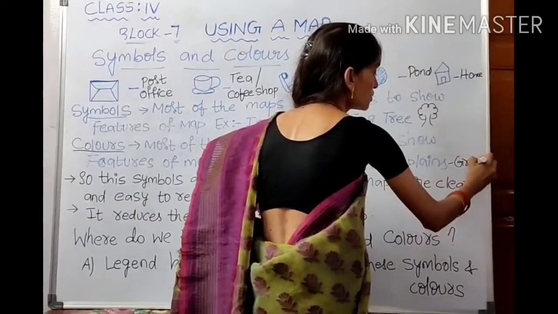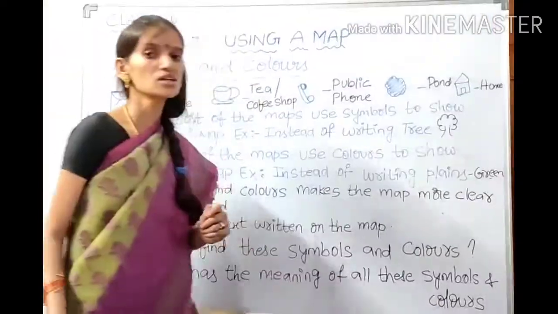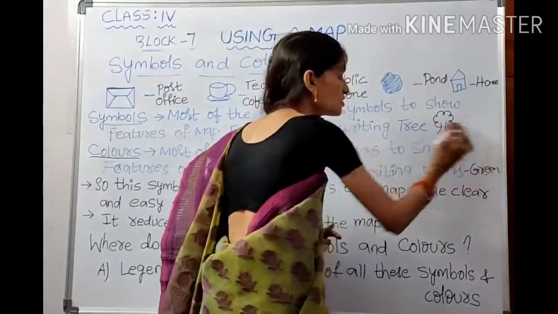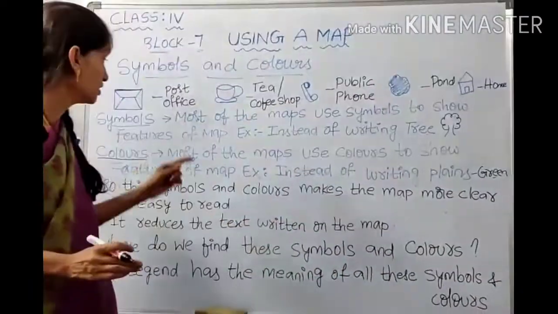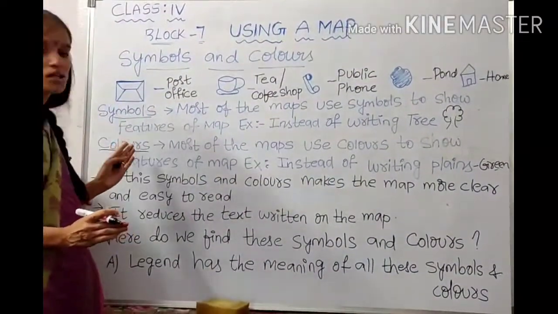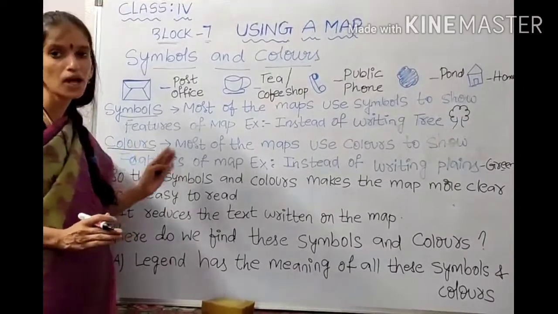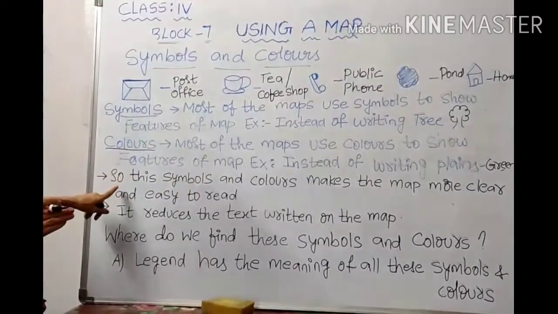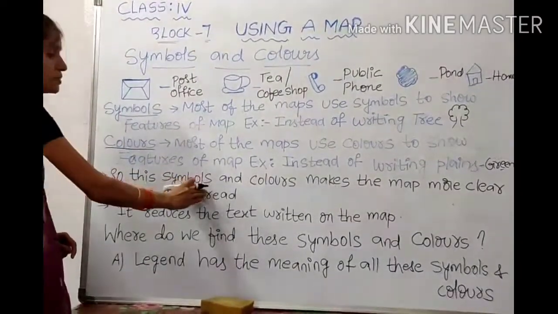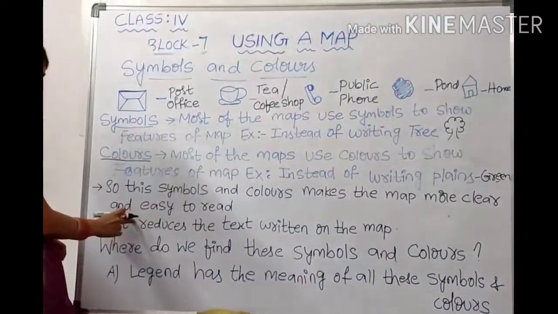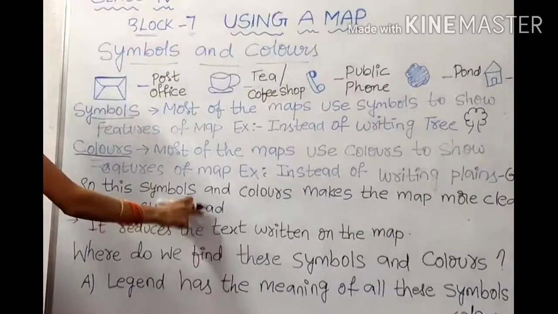So if I have written the green color, it represents the plains. Instead of plains, there will be the green color. So like that, the symbols and colors help us to know the map. See these, children. These symbols and colors make the map more clear and easy to read.